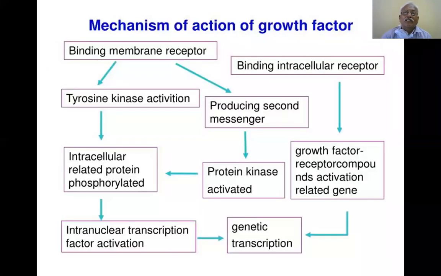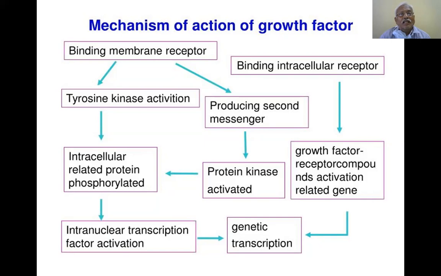So the mechanism of action of growth factors is that they bind the membrane receptor, and tyrosine kinase activation takes place, which leads to intracellular related protein phosphorylation, and that will finally lead to intranuclear transcription factor activation, and genetic transcription will take place.